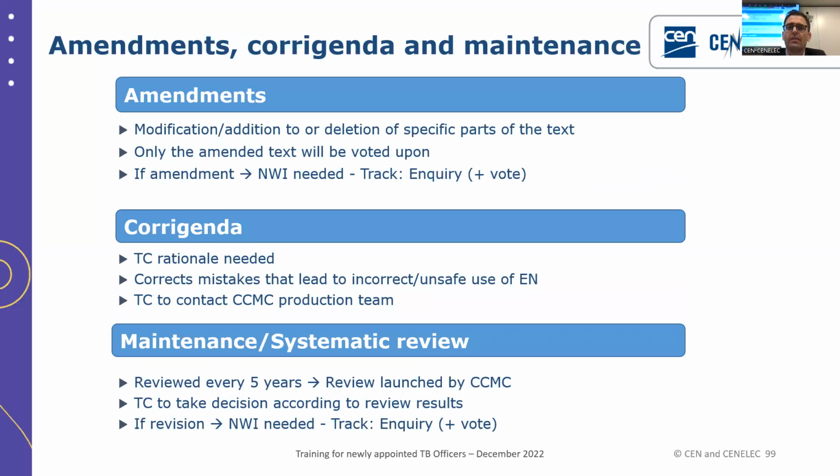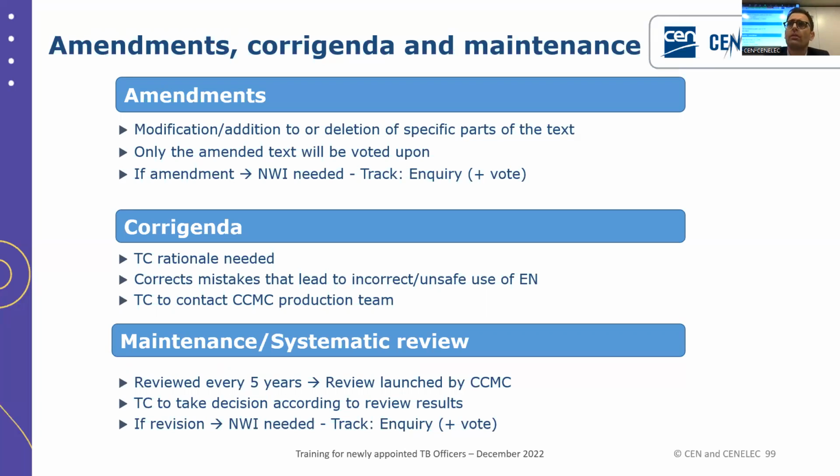So in terms of maintenance, we have amendments, corrigenda, and revisions. In case the standard is published, one possibility to make corrections would be to produce an amendment. An amendment is quite useful if you don't want to discuss the whole document and you just want to discuss specific parts of the document.